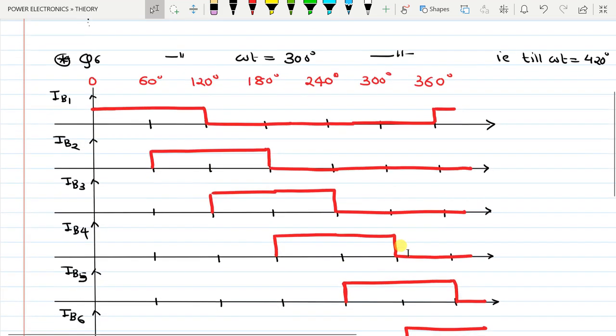Now, one important thing which you should know is that this is the beginning of firing waveform for IB1, and this is the beginning of the second firing waveform for Q1. So in between these two, we see that there is a gap of 240 degrees.